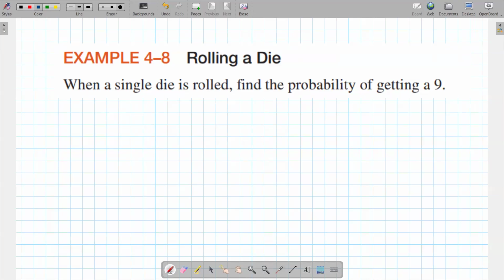Is it possible to get a 9 when you roll a dice? No, it's zero. That's the kind of fundamental knowledge they would expect you to know. 9 is impossible when you roll a dice. So 0 over 6, 0. 6 because there's 6 outcomes still, but you cannot have a 9 when you roll a dice. So 0.